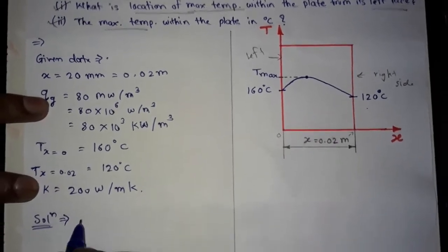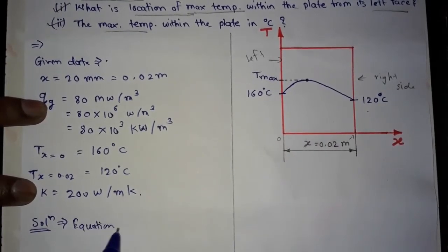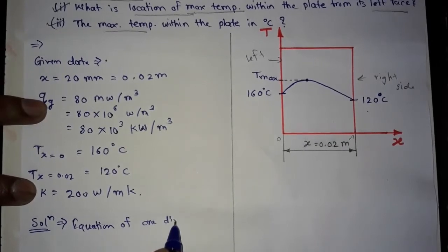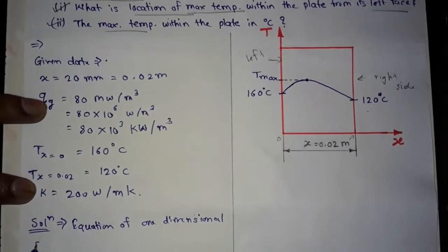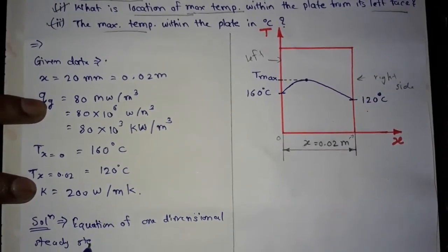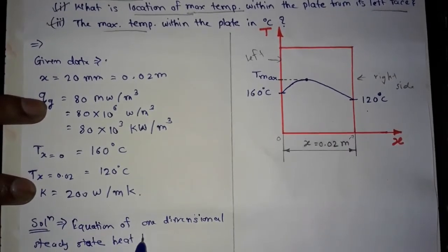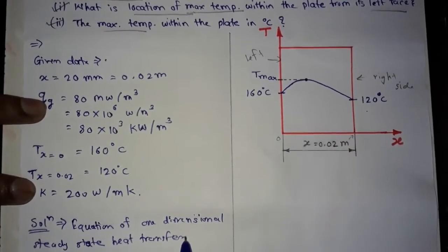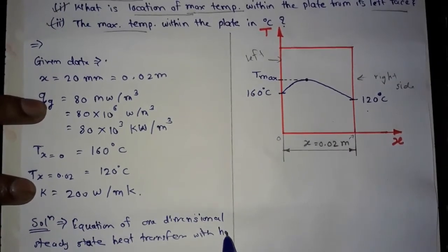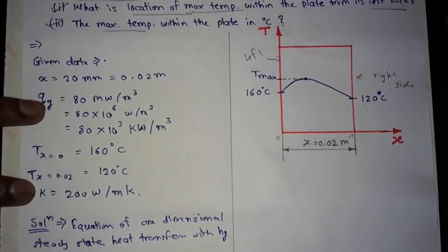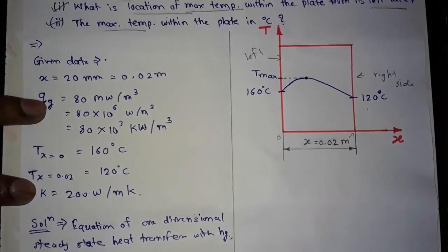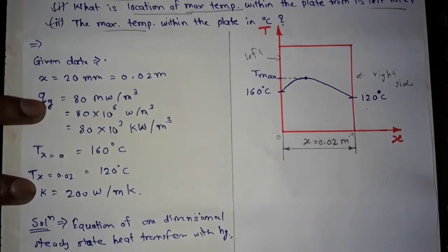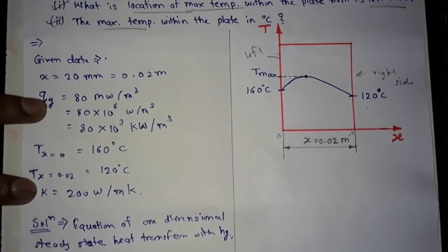So here equation is, the one dimensional equation d square T upon dx square plus Qg upon K is equal to 0.